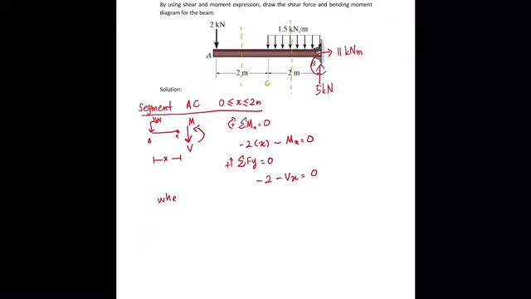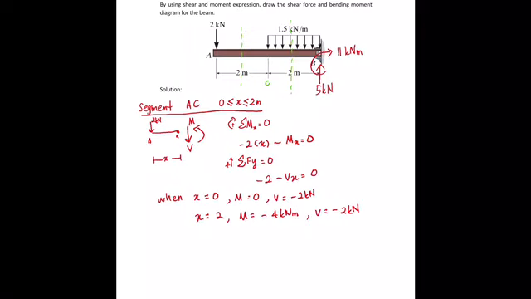Then I substitute the x value into the equation. When x is equal to 0, M is equal to 0, and V is equal to negative 2 kilonewton. When x is equal to 2, M is equal to negative 4 kilonewton meter, and V is equal to negative 2 kilonewton.